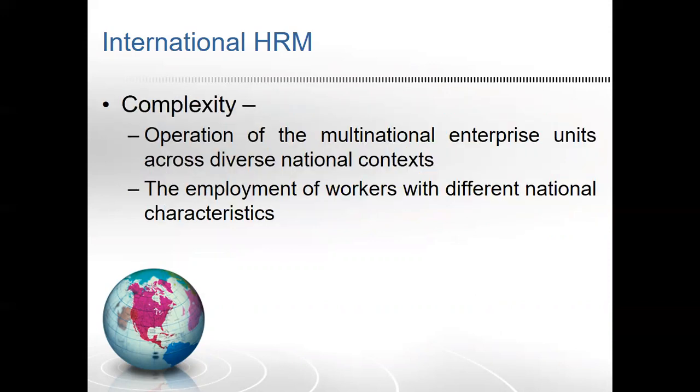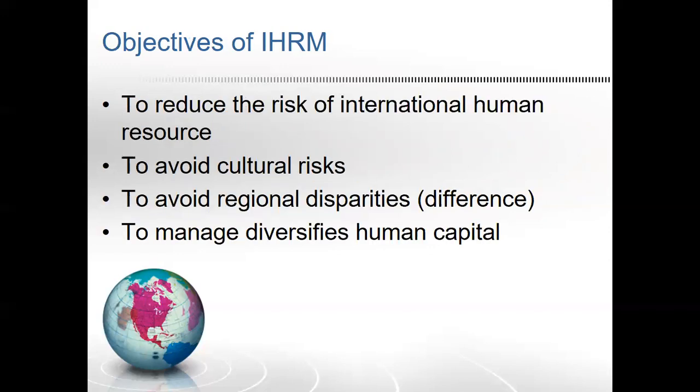International HRM has one part of complexity, that is the operation is at multinational enterprises or units, you can say, across diverse national contexts. The employment of workers with different national characteristics is seen here. Now, what is the objective? What exactly is this meant for?